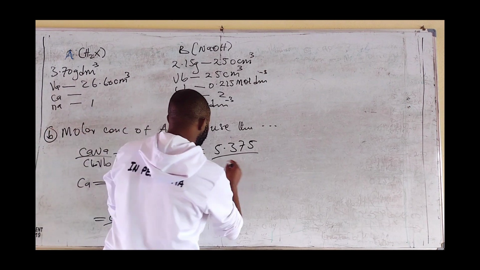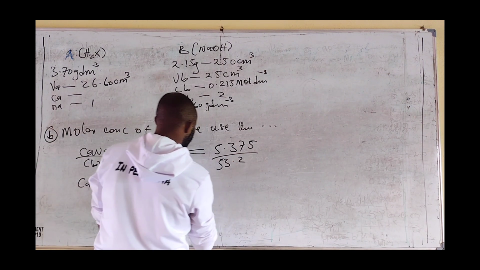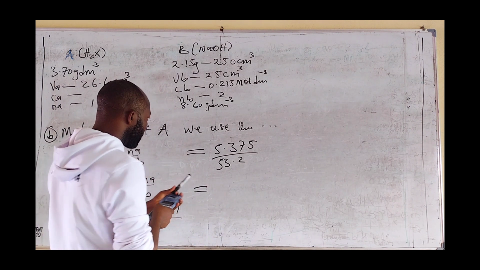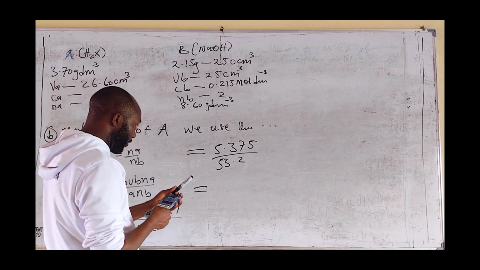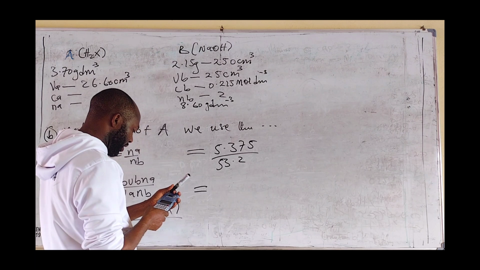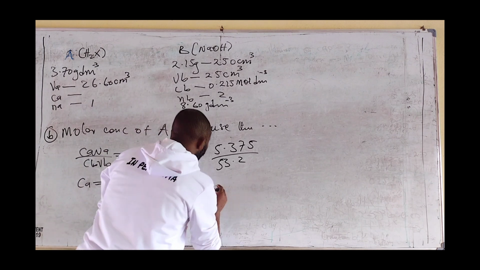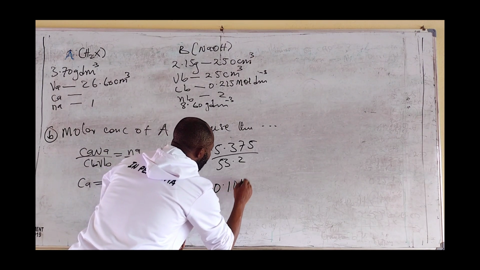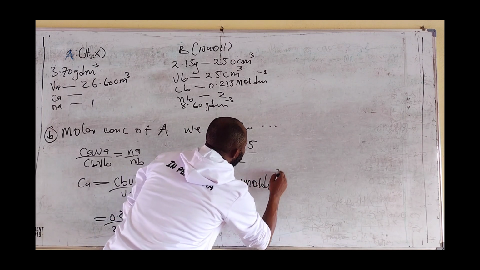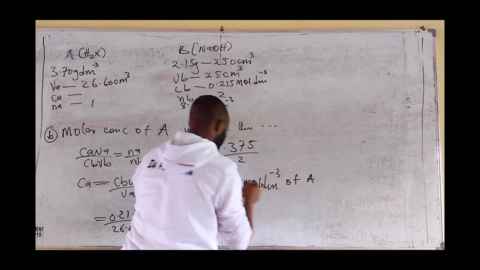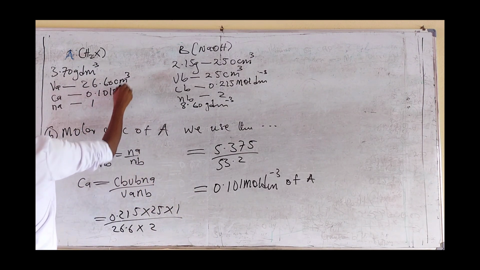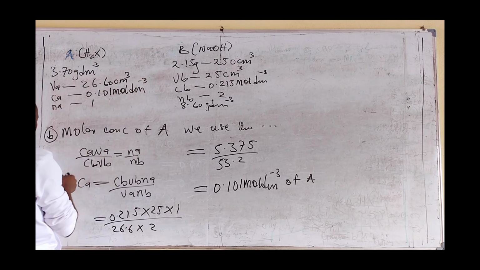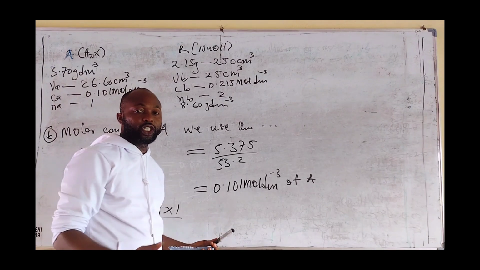We have 53.2. So this is equal to 5.375 divided by 53.2, which is 0.101, so 0.101 mole per dm³ of A. So I can easily put that here, 0.101 mole per dm³ of A. So we've gotten our molar concentration of the acid.